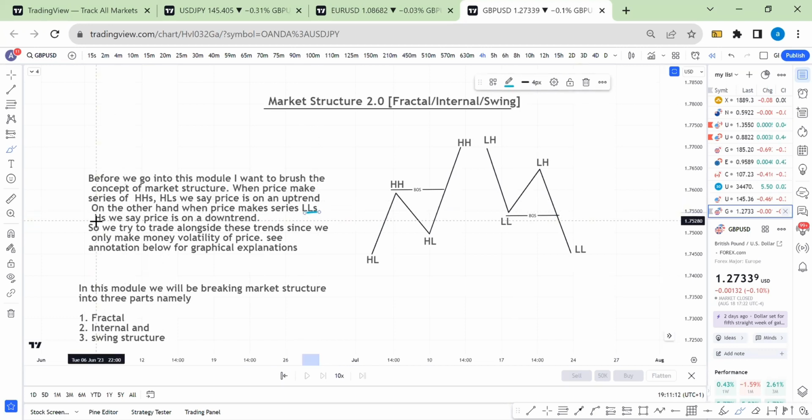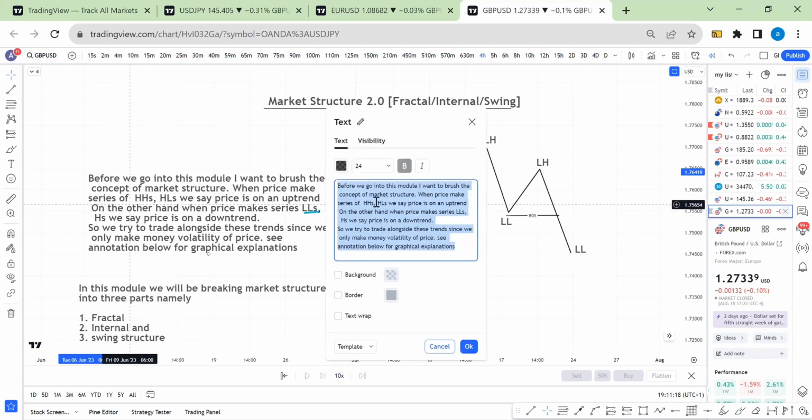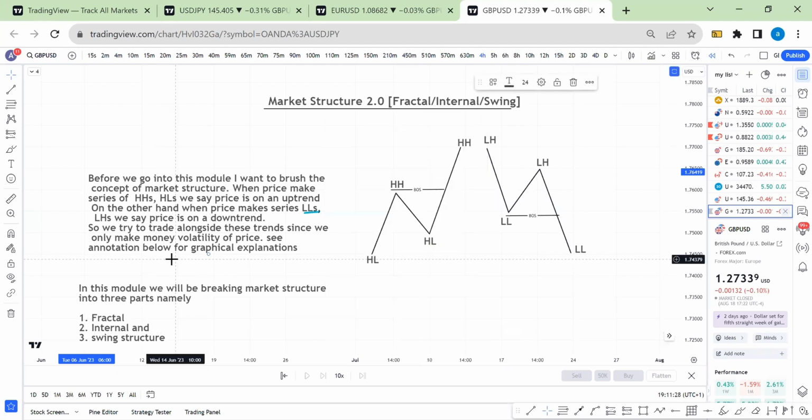On the other hand, when price makes a series of lower lows, that's LL, and a series of lower highs, sorry, I made a mistake here. Let me just correct it quickly. When price is making lower lows and lower highs, we see price is on a downtrend. That's exactly what we have here.